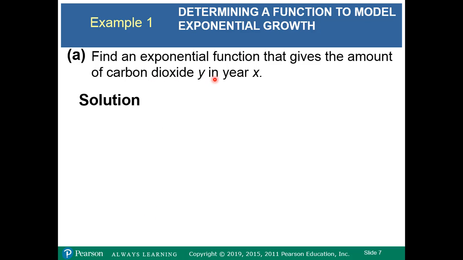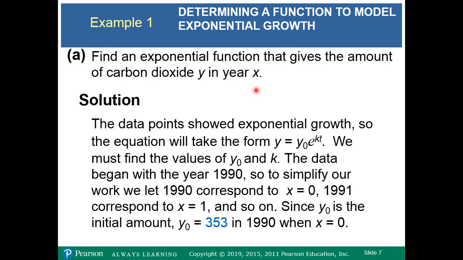So to find an exponential function that gives the amount of carbon dioxide y in years x, the data points showed that there was an exponential growth. So the equation will take the form of this. Now we must find the values of y0 and k. Now the data began with the year 1990. So to simplify our work, let 1990 correspond to x equals 0.